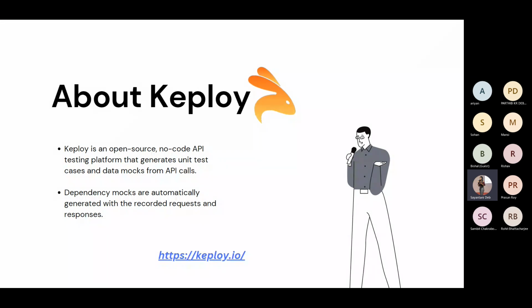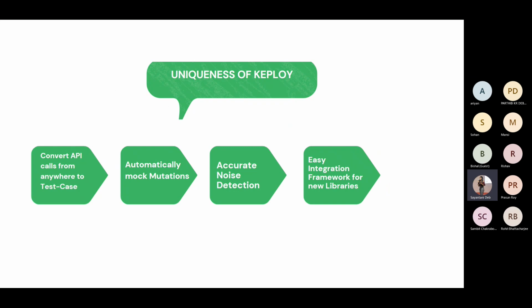I would hugely encourage anybody to go out there and explore all the fellowship programs and the DevRel cohort program given by Keploy. Going forward, let's talk about why you should use Keploy. How is it unique? It helps in converting API calls from anywhere to test cases. It also automatically mocks mutations.